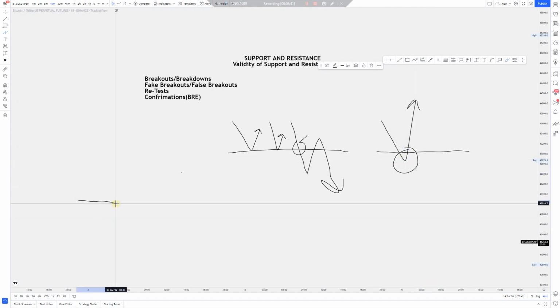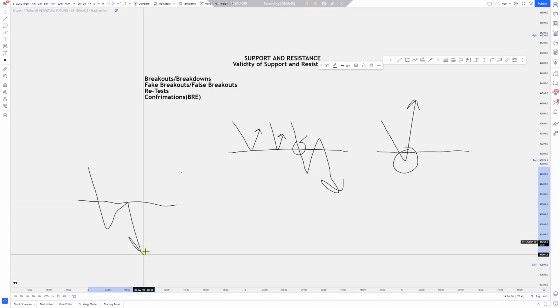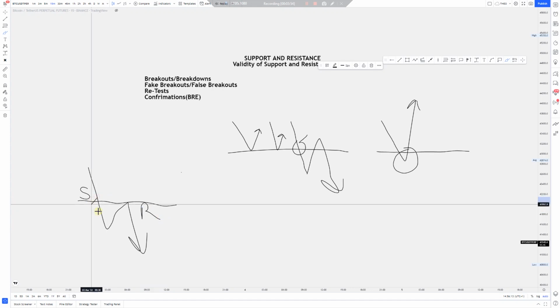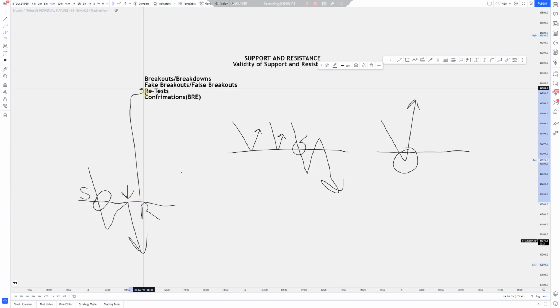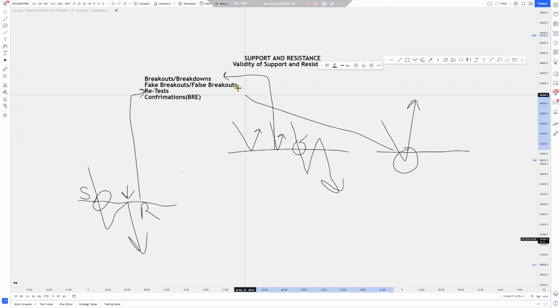Now, when we have support being broken out and price coming back into that support region but going down, we say support has turned to resistance and a breakout happened here and a retest happened there. Okay, support broke out and is now turned into resistance, and that resistance is what reacted as a retest. So this is for retests, this is for breakouts, and lastly this is for false breakouts.